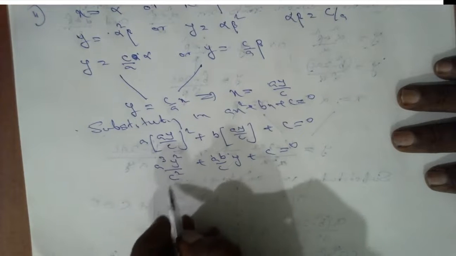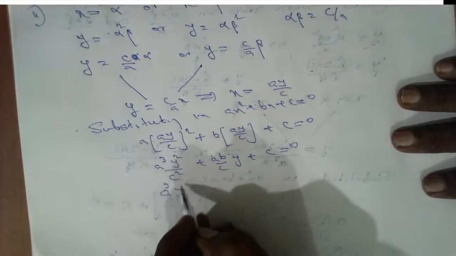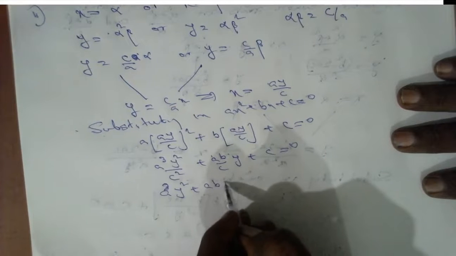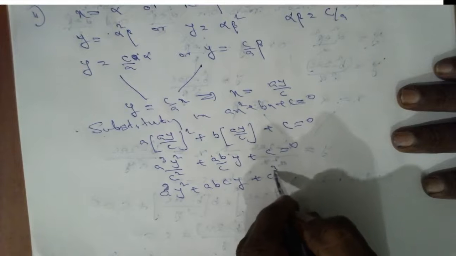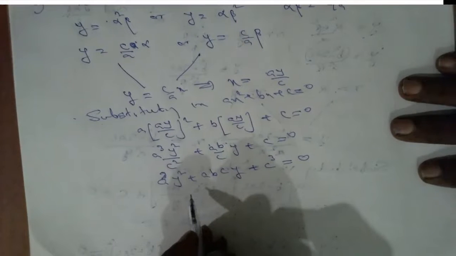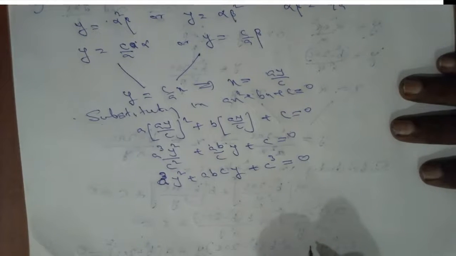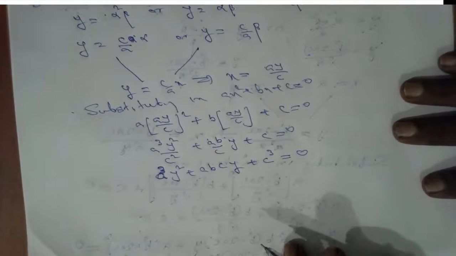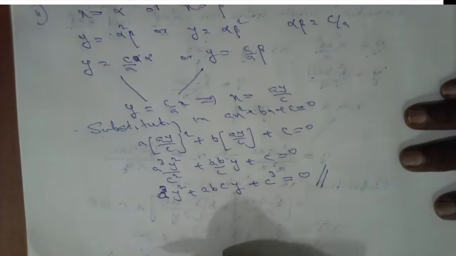Now multiply the entire equation by c squared: a cubed y squared plus abcy plus c cubed equals 0. So this is the quadratic equation whose roots are alpha squared beta and alpha beta squared. Okay? So that is by deduction method.